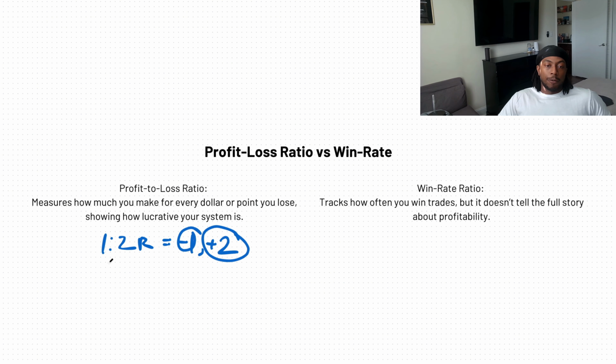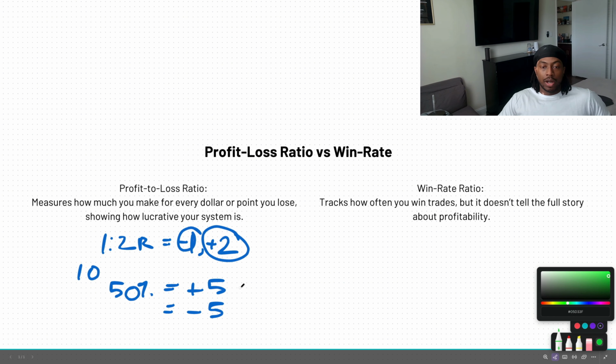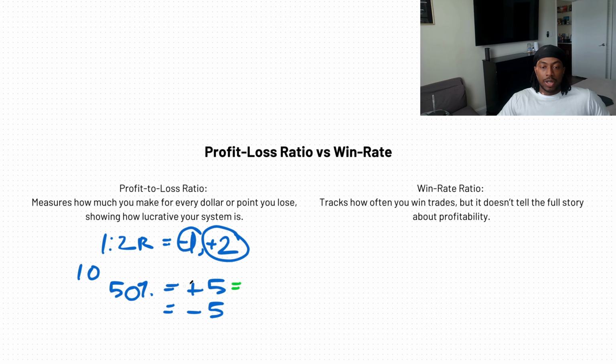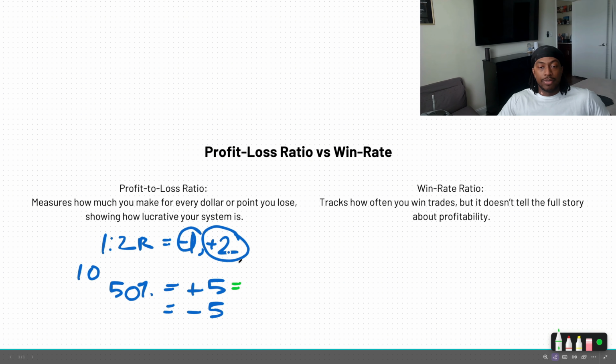All right. So let's say that I've taken 10 trades and I have a 50% win rate, right? So out of 10 trades, I'm going to win 5 of them, and I'm also guaranteed to lose 5 of them. Every time I win, I win $2, and every time I lose, I lose $1, which is half of $2.